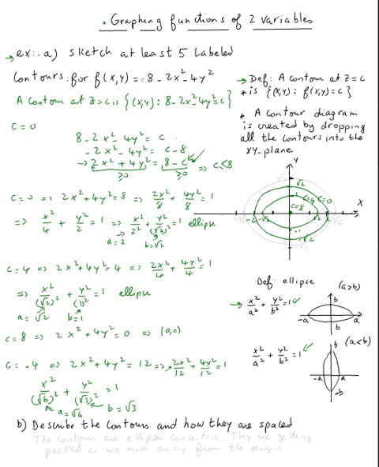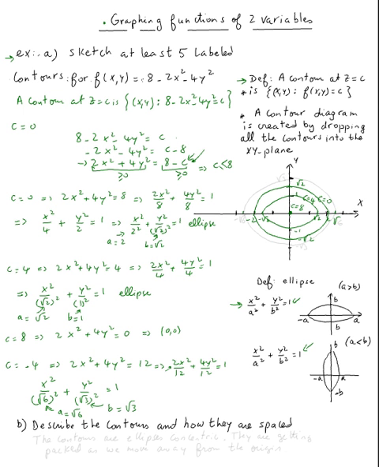What is square root of 6? Let's use a calculator. Square root of 6 is 2.44. So kind of like here.